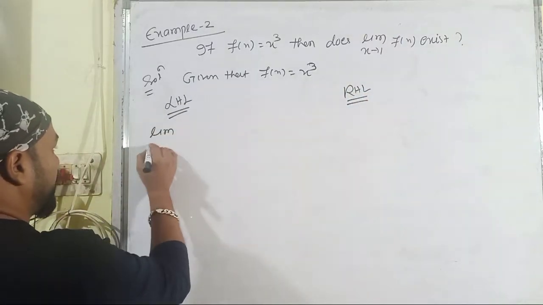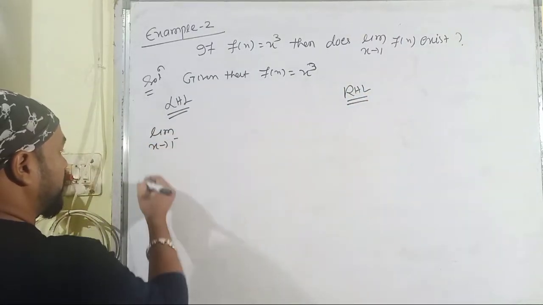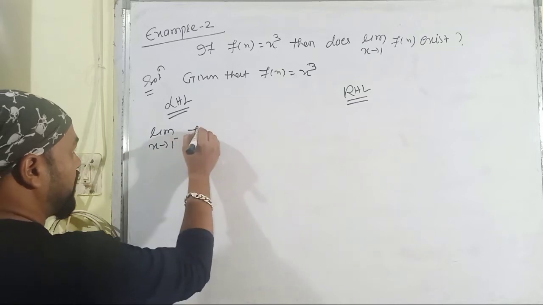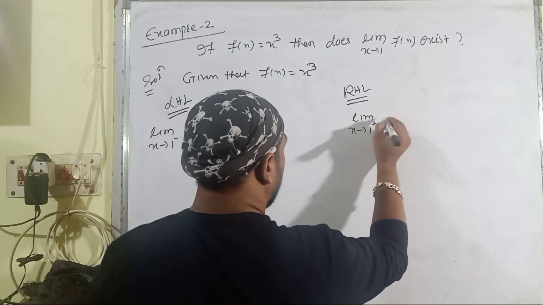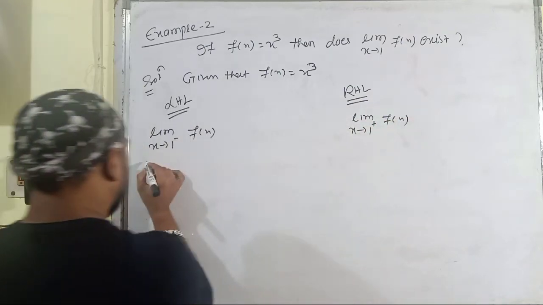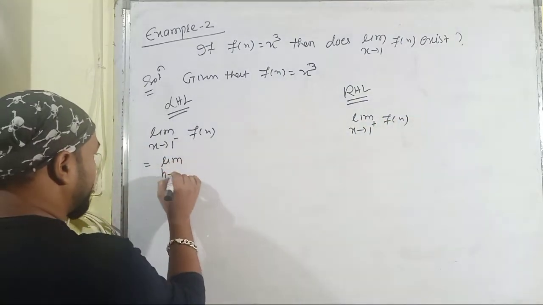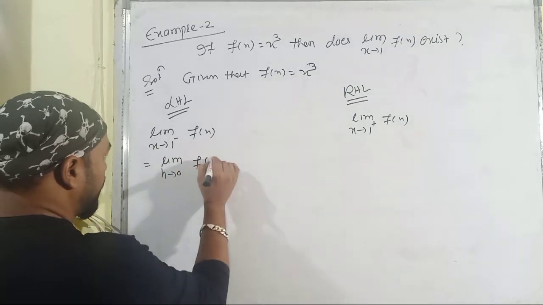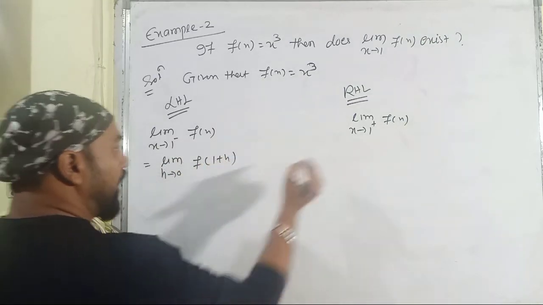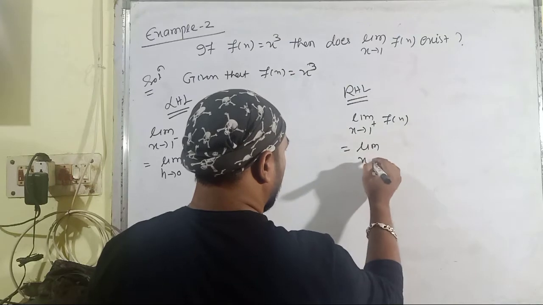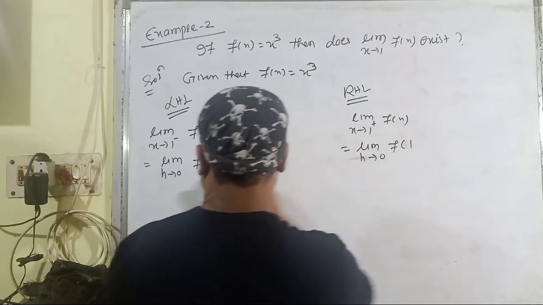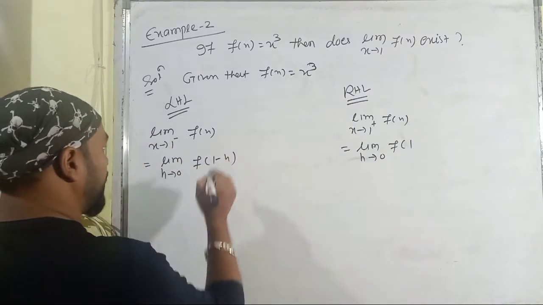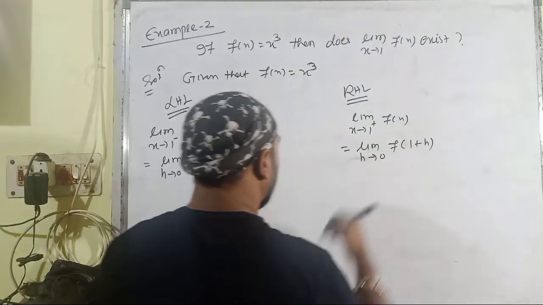In the left hand limit, we have to consider limit x tends to 1 minus f of x, and in the right hand limit, we have to consider limit x tends to 1 plus f of x. Then it will be limit h tends to 0, f of 1 minus h, and limit h tends to 0, f of 1 plus h.